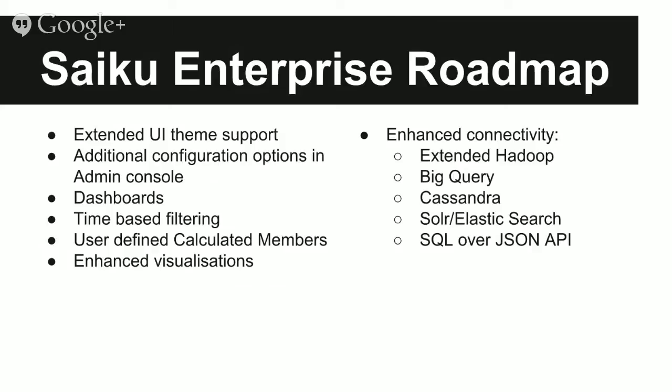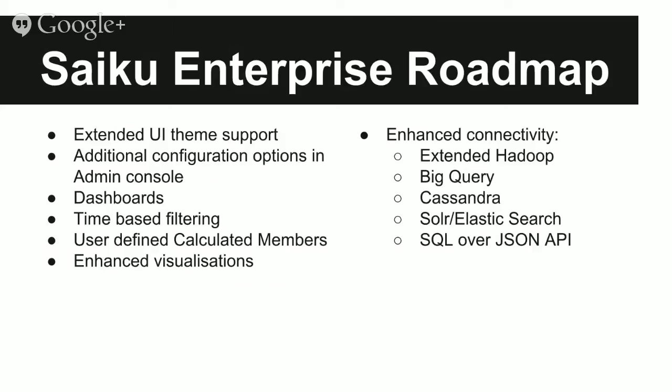Along with that, obviously, people also want to know the roadmap, because adding just a schema designer and Mongo interface isn't necessarily a deal clincher. So looking at Saiku Enterprise going forward, we're certainly looking to enhance the user interface, the ability for people to customize the user interface to match their corporate colors, corporate logos, corporate branding.